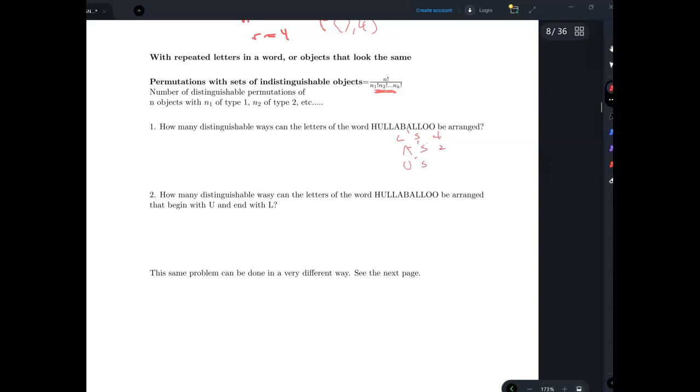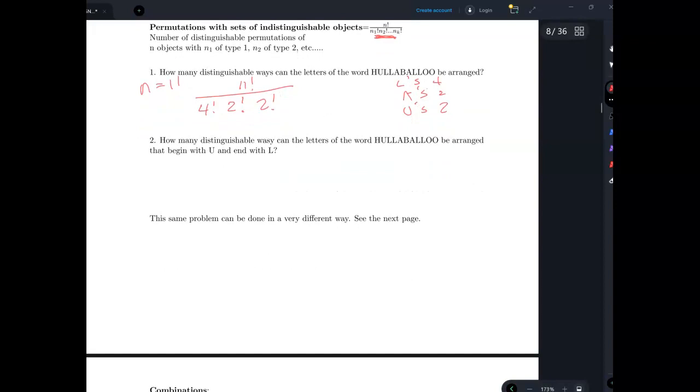How many O's? I have 2 O's. So this word in total has 11 letters, so N will equal 11. I'd have 11 factorial, and then divide by the number of ways the L's can be arranged, that's 4 factorial, and the number of ways the A's can be arranged, and the number of ways the O's can be arranged.